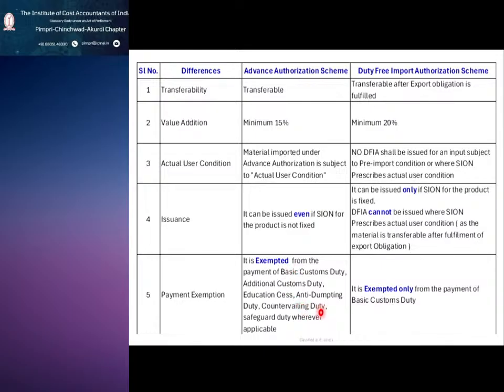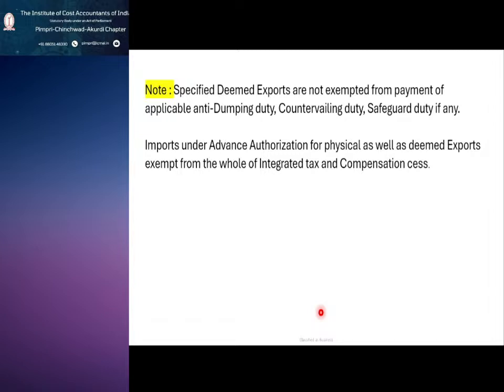Here you get exemption for multiple duties. One more point on advance authorization: specified deemed exports are not exempted from the payment of anti-dumping and countervailing duty. Import under advance authorization for physical as well as deemed exports is exempted from the whole of integrated tax and compensation cess.